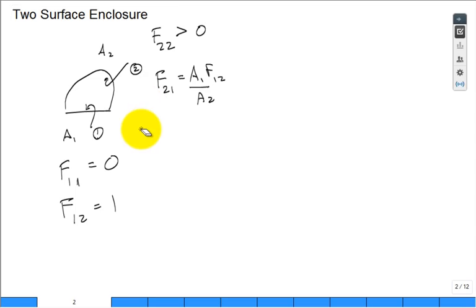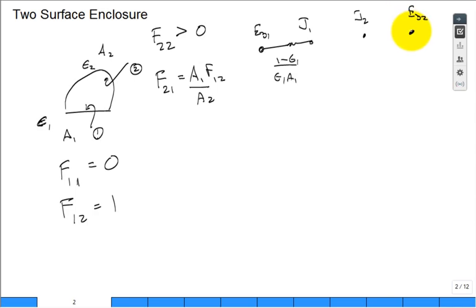If you need it. All right, let's set up a radiative network where the emissivity of this surface is less than 1 and the emissivity of this surface is less than 1. Well, we would have a network. It would be E_b1, (1 minus epsilon 1) over epsilon 1 A1, out to J1, the radiosity node for surface 1. And then likewise, we'd have J2 and E_b2, those two nodes as well, and a surface resistance between them, (1 minus epsilon 2) over epsilon 2 A2.